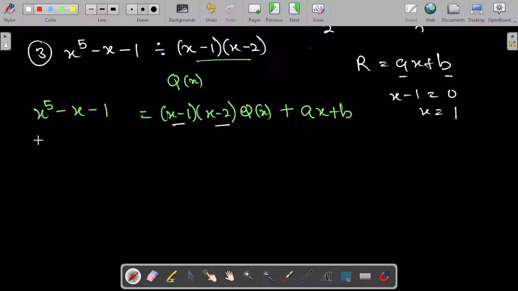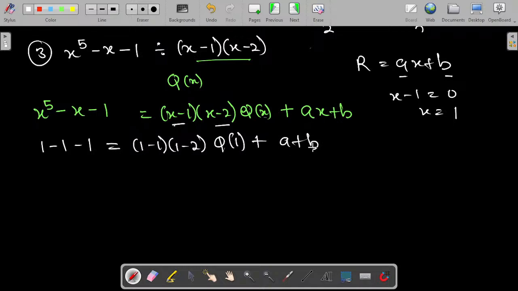So when we substituted 1, we got 1 minus 1 minus 1 equal to, you substitute 1 here, you get 1 minus 1 into 1 minus 2. Then you put 1 here, you get 1, plus you put 1 here, you get a times 1, which is a plus b. Now you try to evaluate. Of course, this will cancel out.